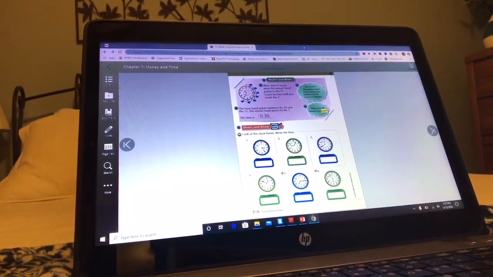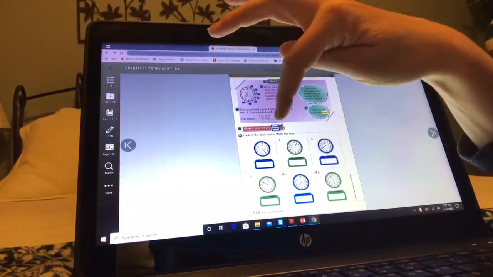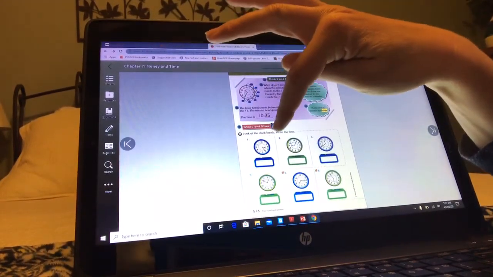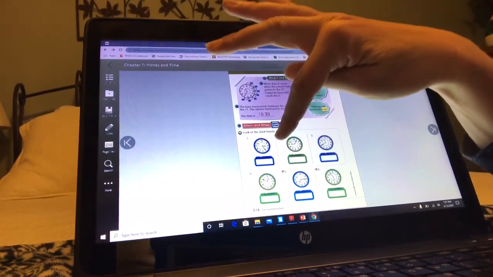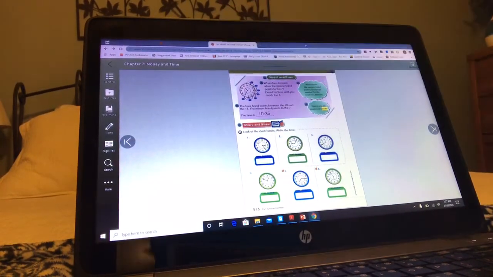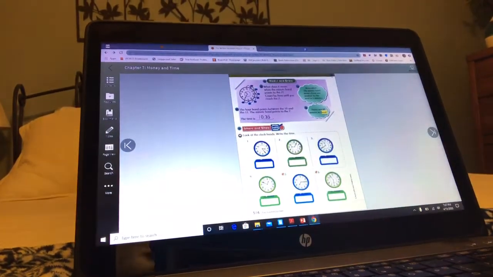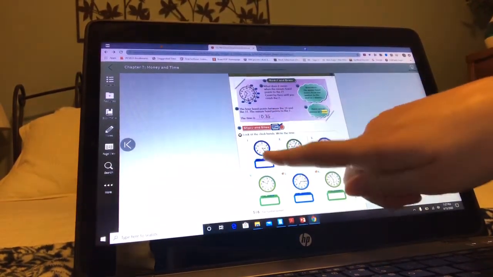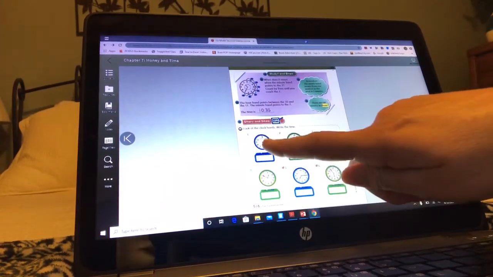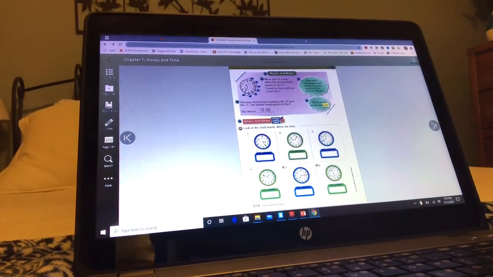So I have to count by fives for the minutes. So at the 12, I say 0, 5, 10, 15, 20, 25. So the time would be 3:25. And remember, you put the colon, the 2 dots, to separate the hours from the minutes.